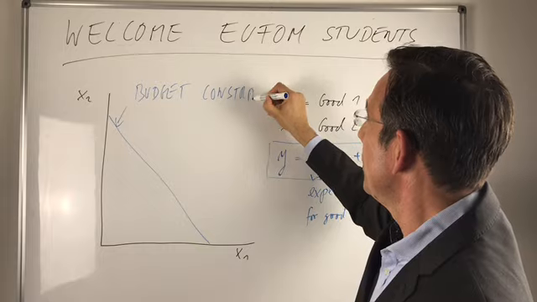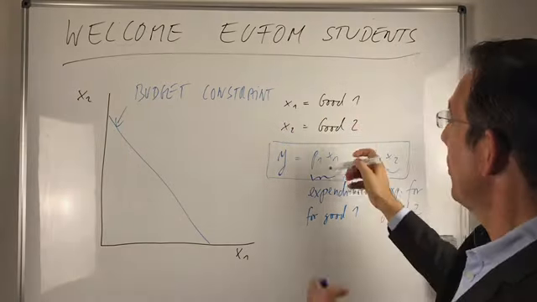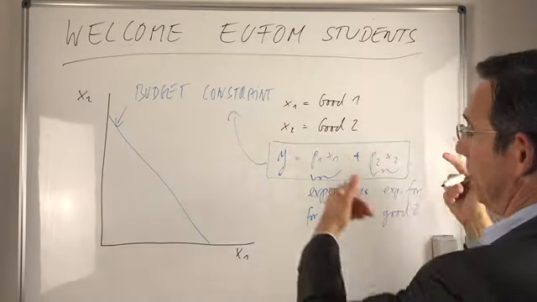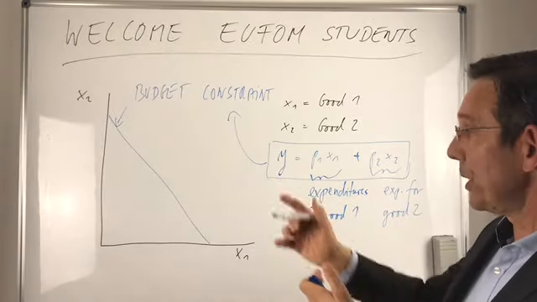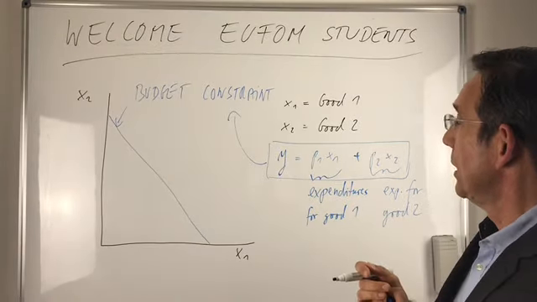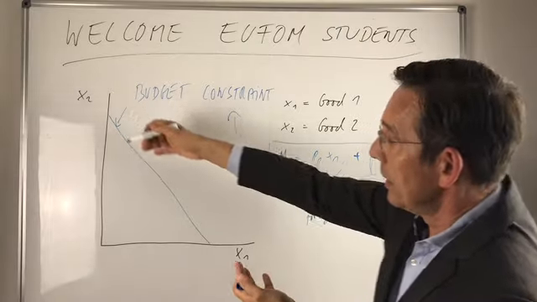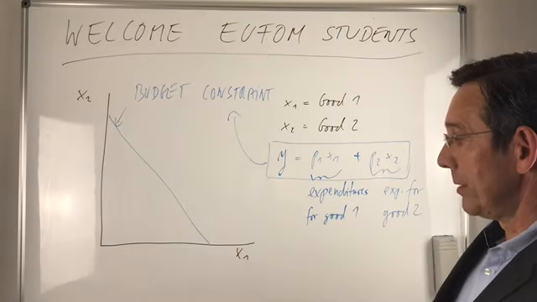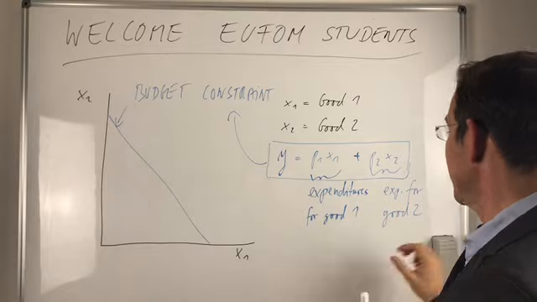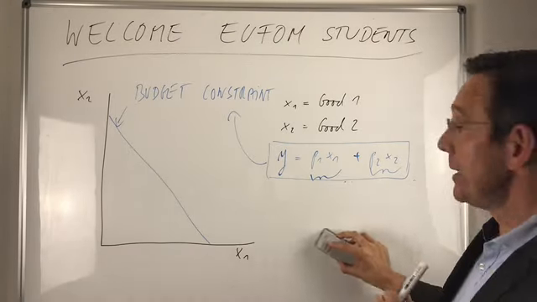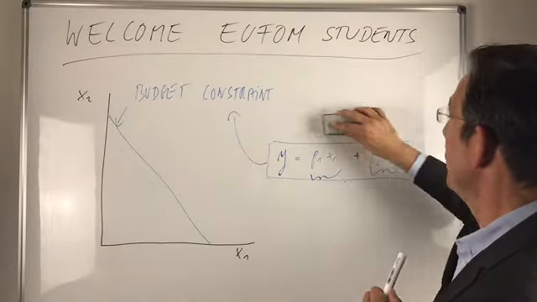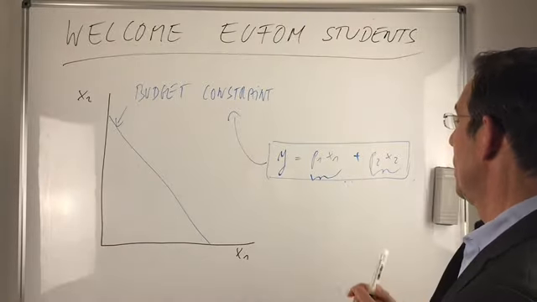And how do we transfer this budget equation, the budget constraint, into a linear function? That needs some manipulation, right? Which is pretty easy, but you should have done that at least once.